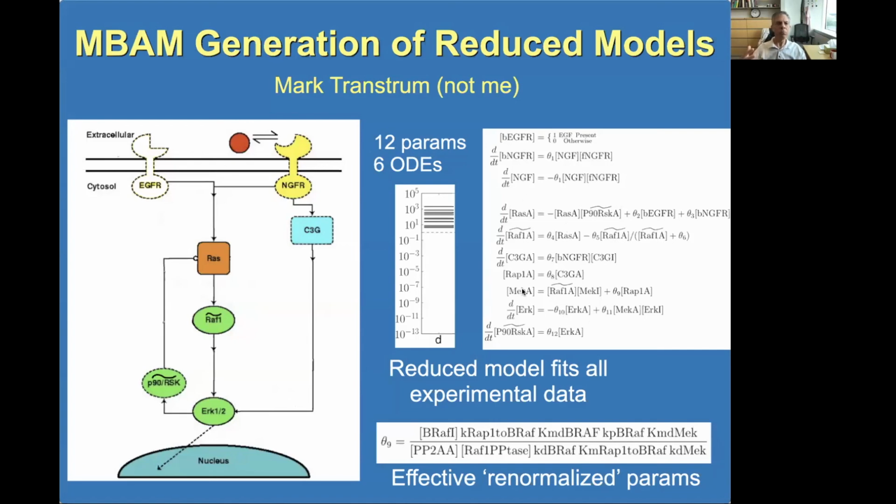And it's not a black box. A black box tells you this will happen when that happens. Here, each of these parameters are written down in terms of the microscopic model. So if your biologist wants to add a drug that changes KMD BRAF, they can do that.